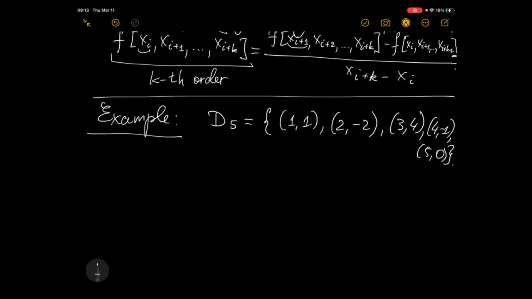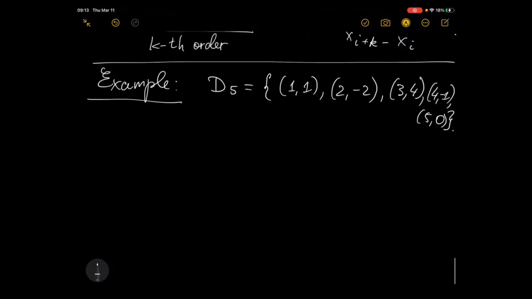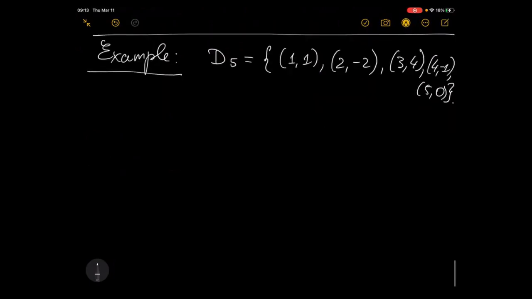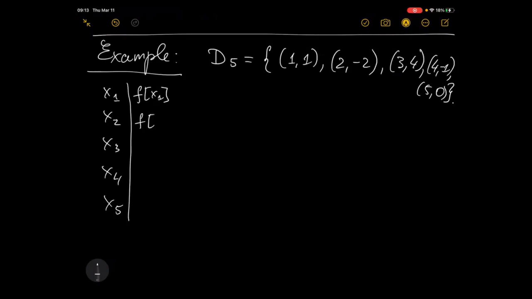Usually you compute these divided differences using a table. So x1, x2, x3, x4, x5, 5 points, sorry. The zeroth order divided difference is nothing else but the value of our function.